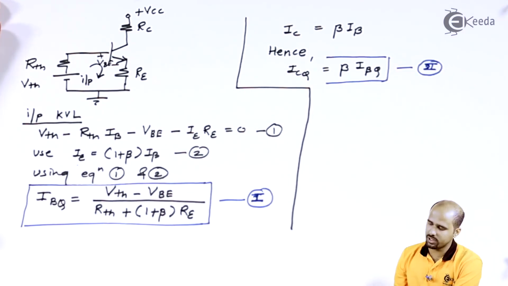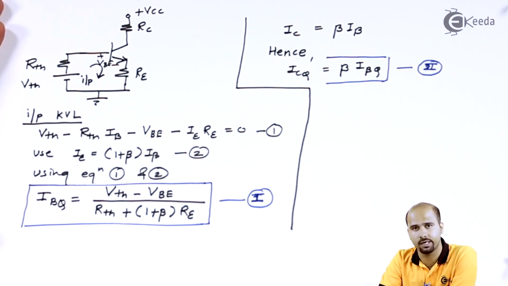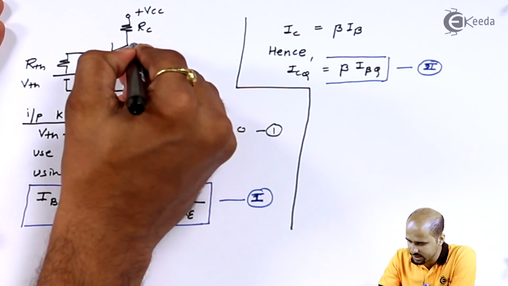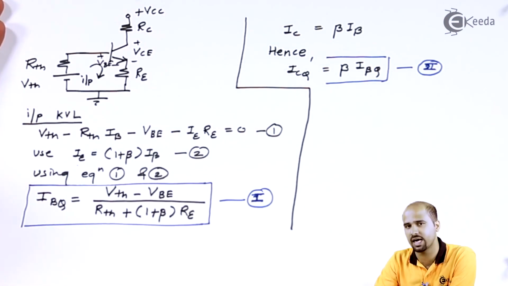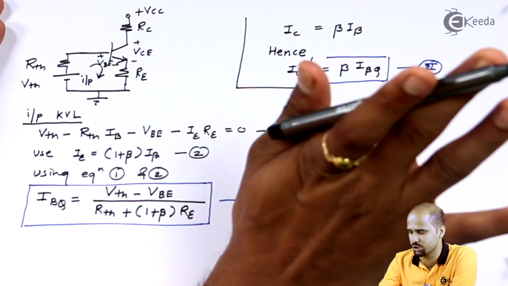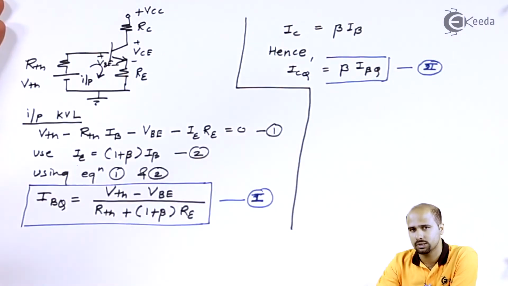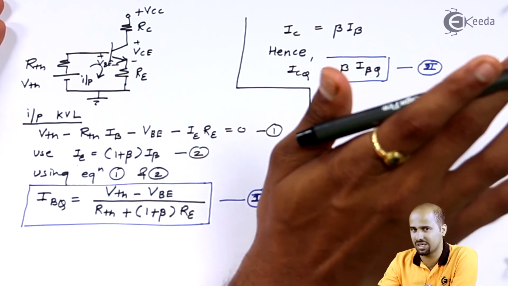Now let's move towards the second finding of the Q point as far as DC analysis is concerned. The second finding is VCE, such that I can find the particular point on the characteristics of your BJT. To work as an amplifier, I have to have a Q point.